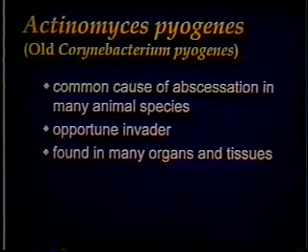Actinomyces pyogenes is another organism that was at one time in the genus Corynebacterium and is frequently isolated in what we call suppurative processes, that is those in which pus formation occurs following various insults, such as with hardware disease in cattle, where there may be penetration of objects into the soft tissues, in this case into the heart area, and large amounts of pus are formed as a result.